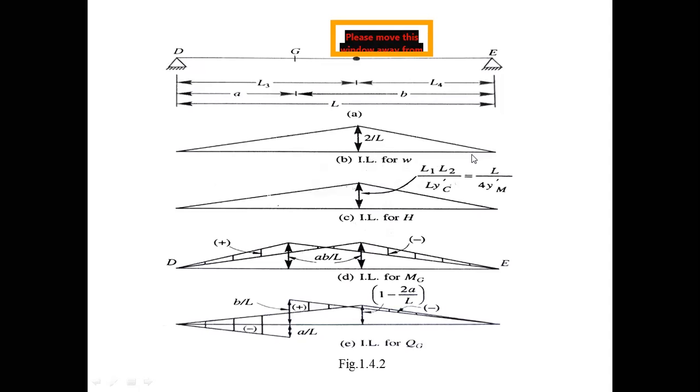Hemant Verma, are you finished? So for this given problem, figure A gives our problem. The three-hinged girder has three hinges: at D point, E point, and a third hinge at F point, and the placing is known.